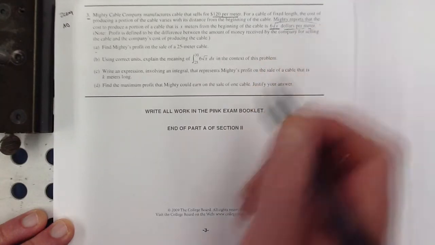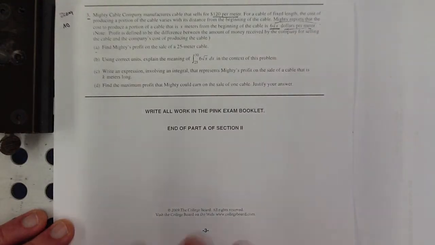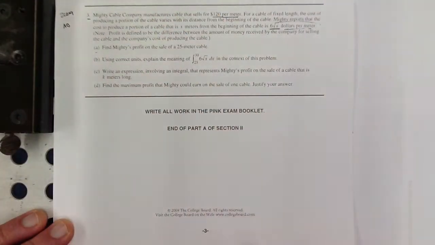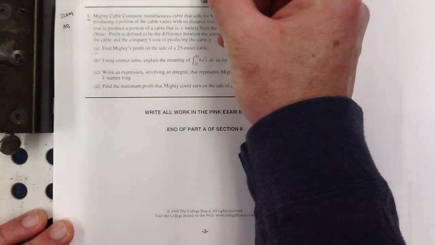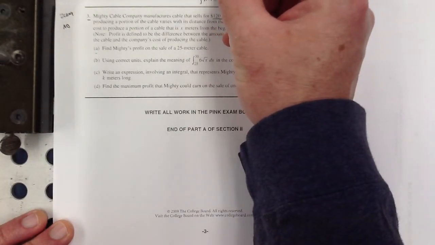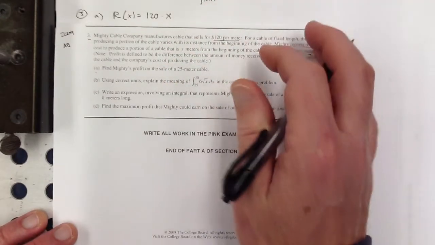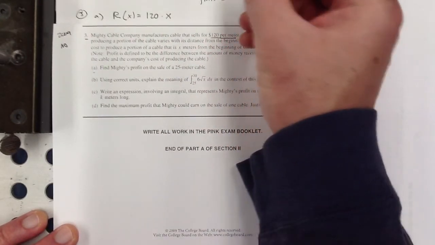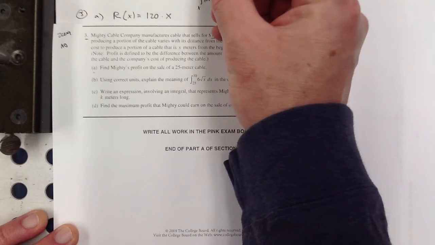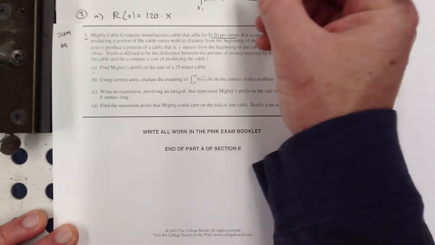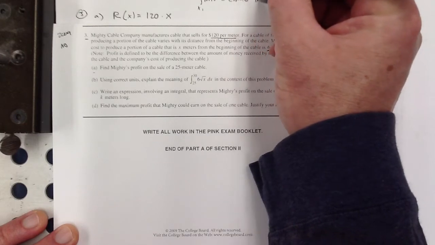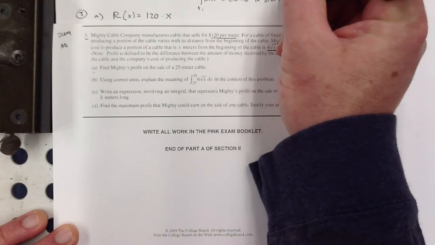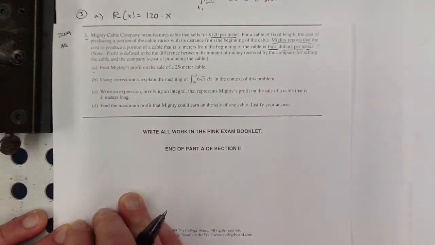So the big thing we need to know in these kinds of contextualized fundamental theorem problems is that the integral of a rate from wherever to wherever, x1 to x2, is the change in the amount of stuff that this is the rate of.